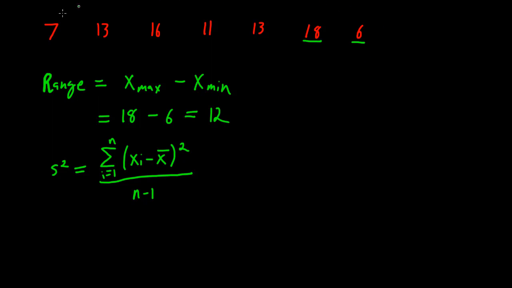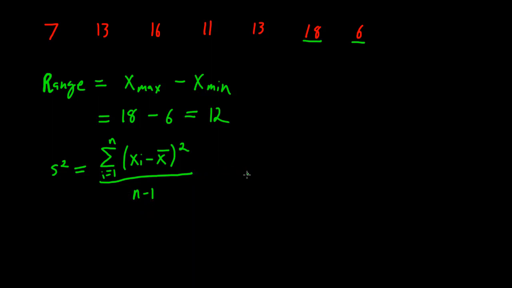So we would add all of these values up and divide by the total number of values we have. In our case, that value, which we calculated to be 12, is going to be subtracted off from each of our individual data points, and then we're going to square those values, add up all of the squared values, and divide that total sum by this n minus 1.